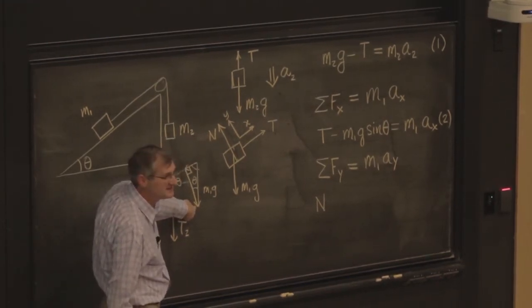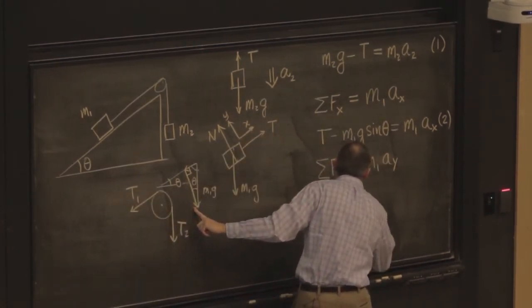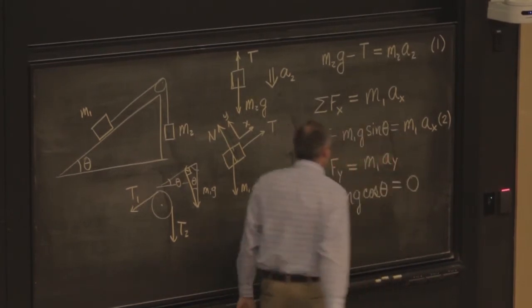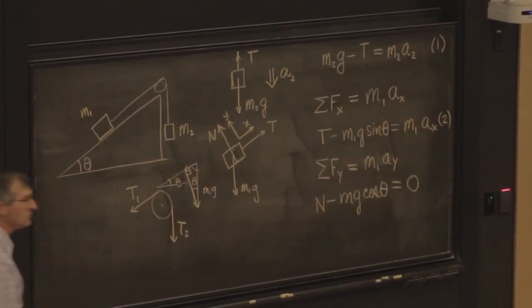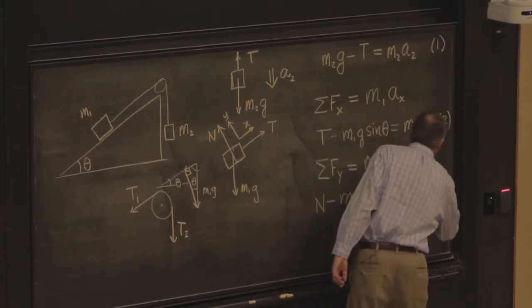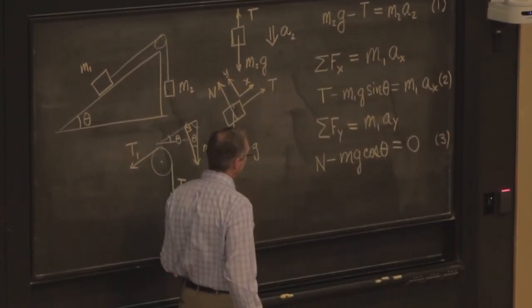And that's the adjacent side, so this is going to be cosine. And there will be no acceleration. Why? Because the normal force n will adjust itself to be just enough to balance gravity so that the block doesn't fall through the incline. So that would be a third equation, and that would allow us to figure out the normal force.